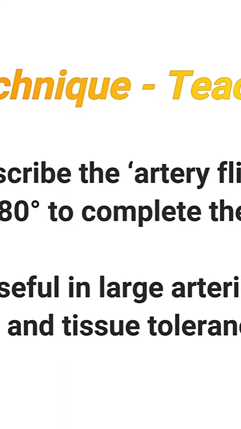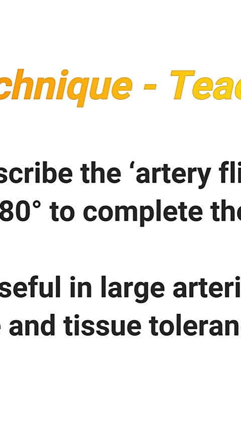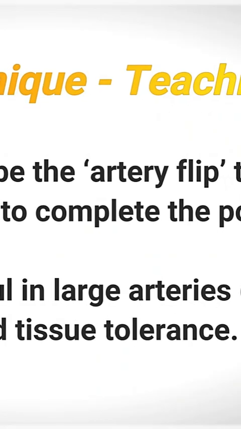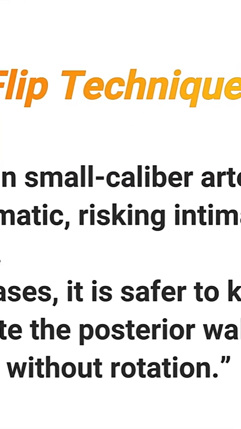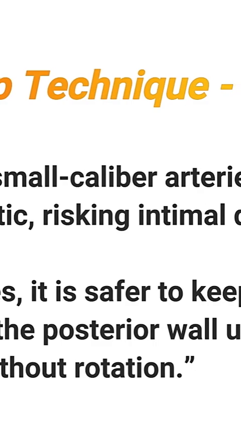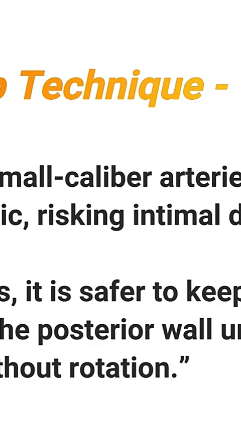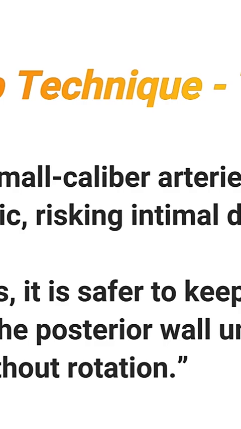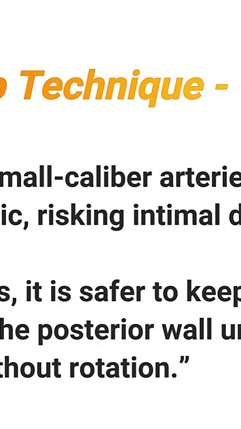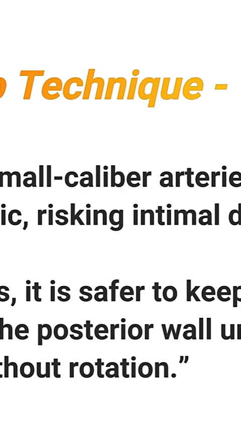This is employed when the artery is larger, more than 4 mm, and when there is space and tissue tolerance. The disadvantage of this technique is that you cannot use it in smaller vessels. This can lead to trauma and intimal damage. So this should be used only in difficult situations when you are finding it difficult to anastomose the posterior wall.